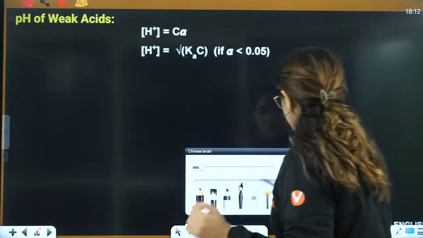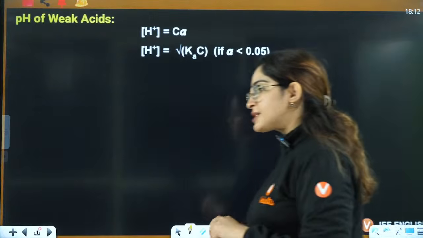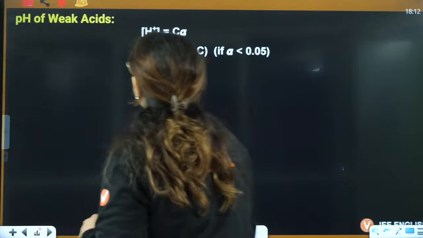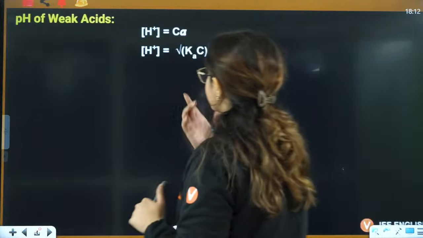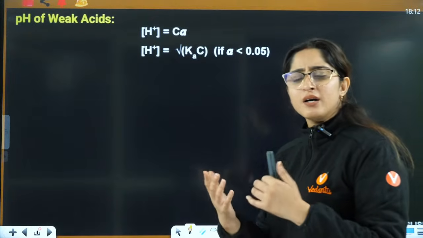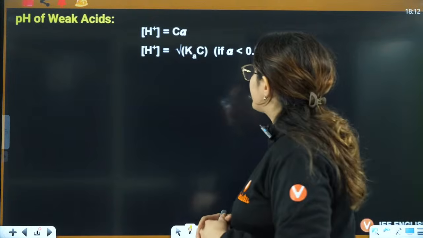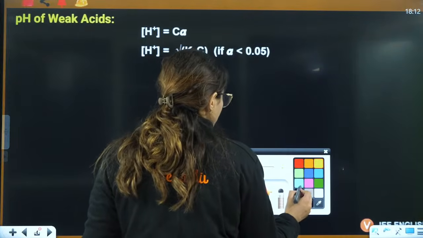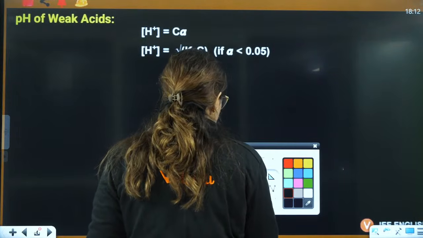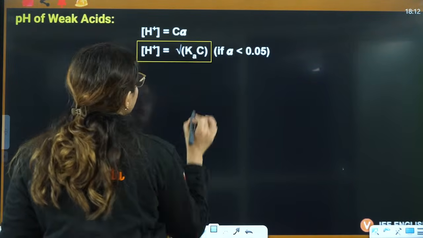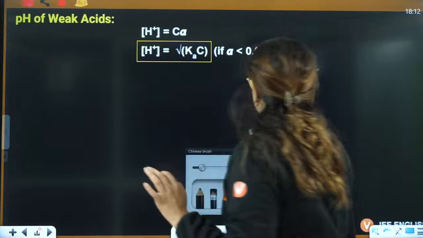So the first one that you have here is pH for weak acids. Now, if I talk about weak acids, do you remember in the previous class we discussed that H positive concentration is equal to under root of KaC?